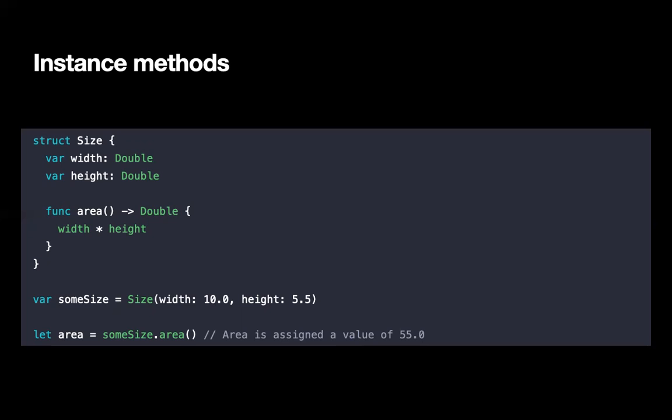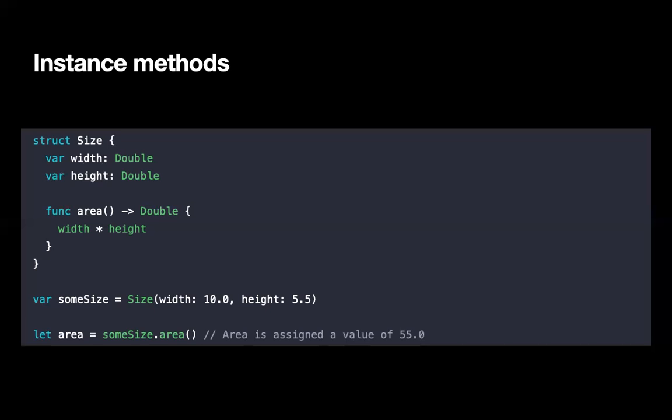Here the someSize instance is of the Size type, and width and height are its properties. The area is an instance method that can be called on all instances of the Size type.